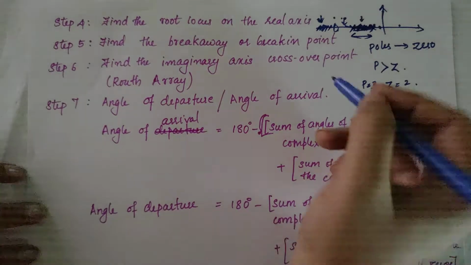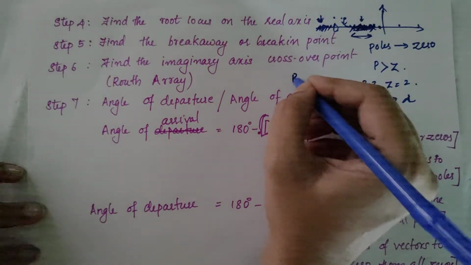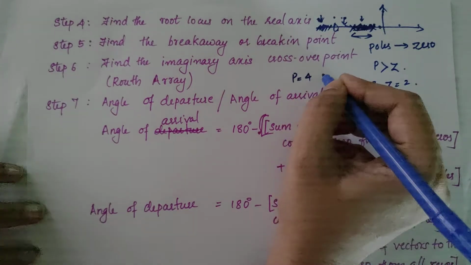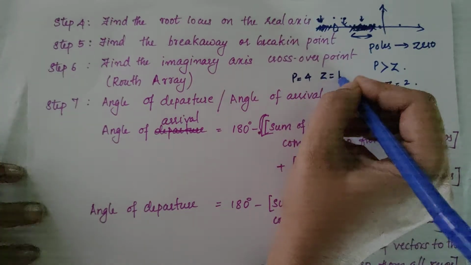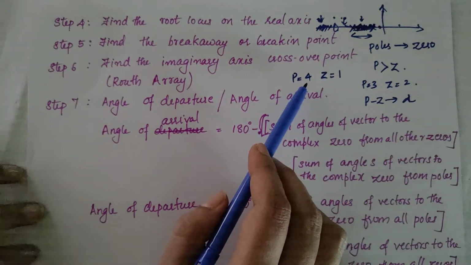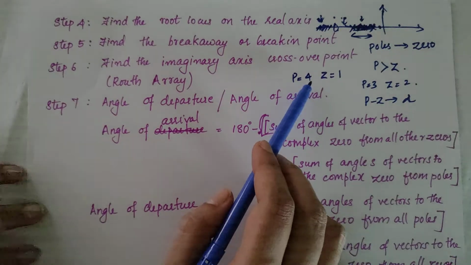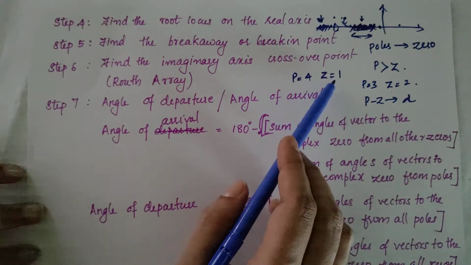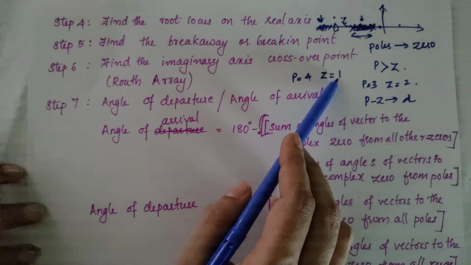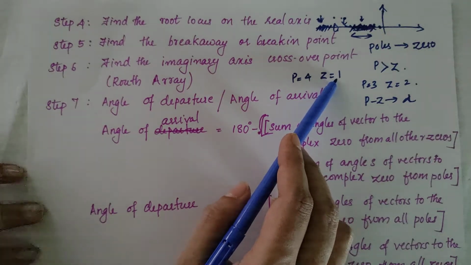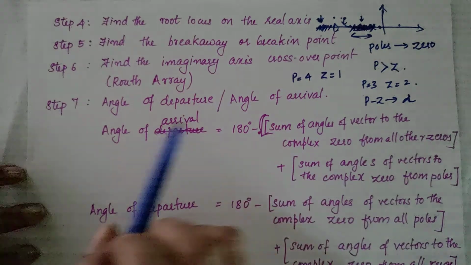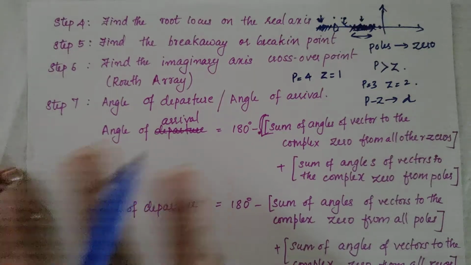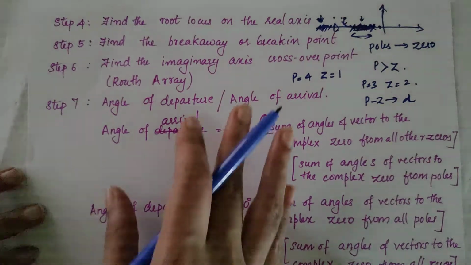Okay, if p is equal to 4 and z is equal to 1, the total number of branches will be 4. Out of the 4 branches, 1 branch will terminate at 0 and 3 branches will terminate at infinity. Okay, this is the meaning.